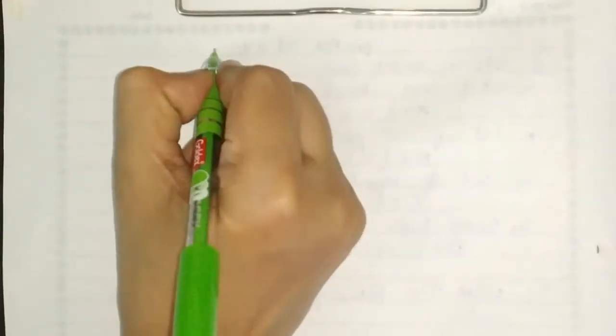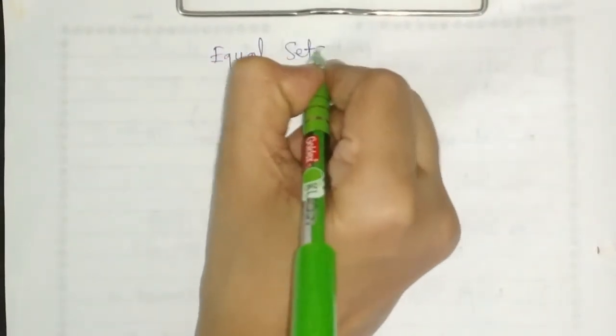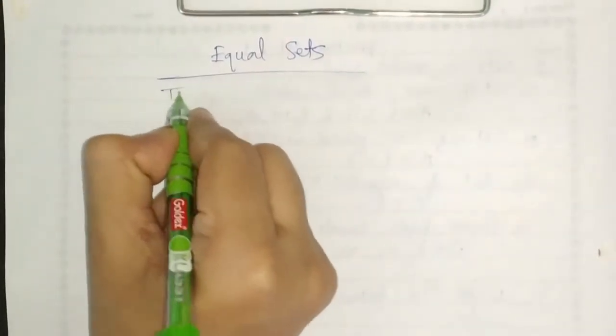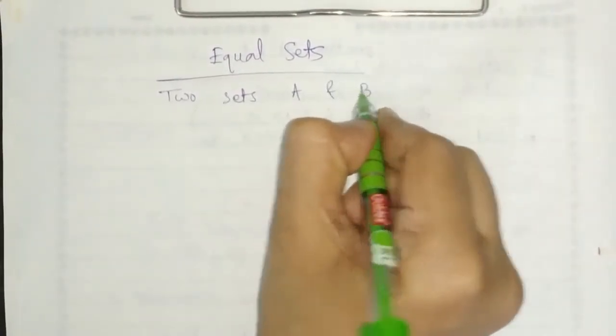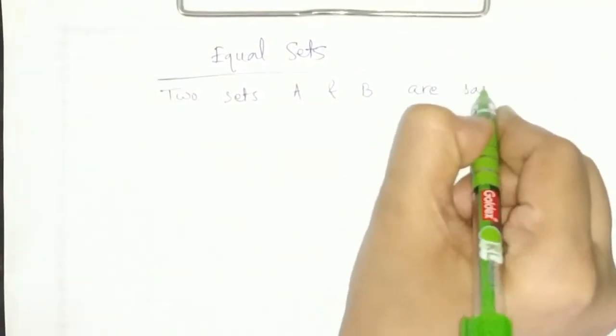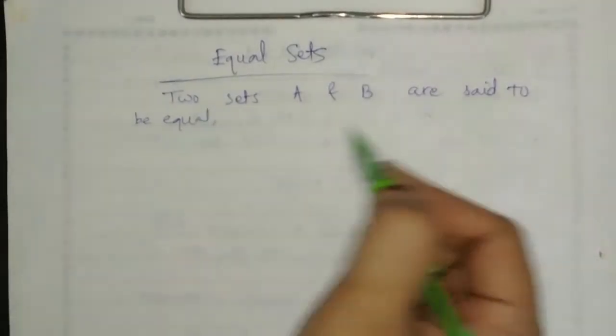Now dear students, we will see what are equal sets. Here we will be talking about equal sets. Suppose for example two sets, say A and B, are said to be equal. When do we call them equal?